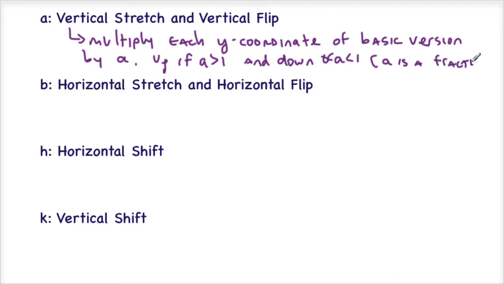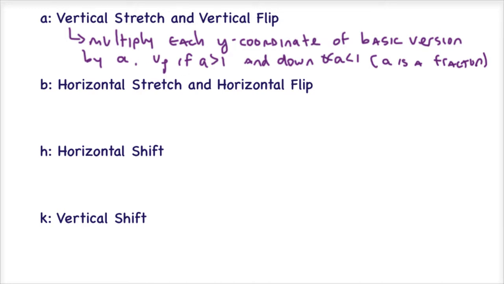Okay, so since we're multiplying each y coordinate by A, and A is a fraction, like if I multiply a y coordinate by half, that would shrink it halfway closer to the x-axis. So we multiply each y coordinate of the basic version by A. So if we want to sketch a graph and we have this equation in transformed version, I would just multiply each y coordinate in the basic version by whatever number A is.